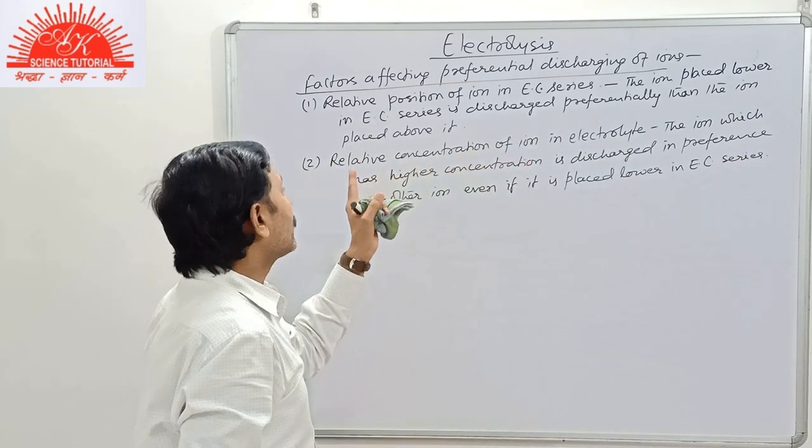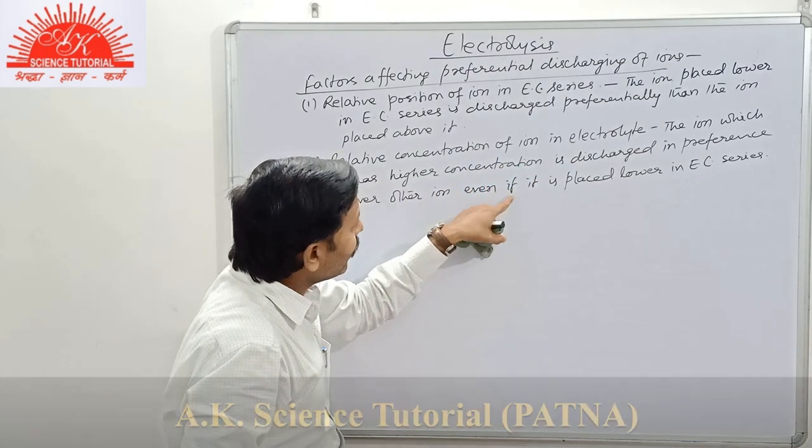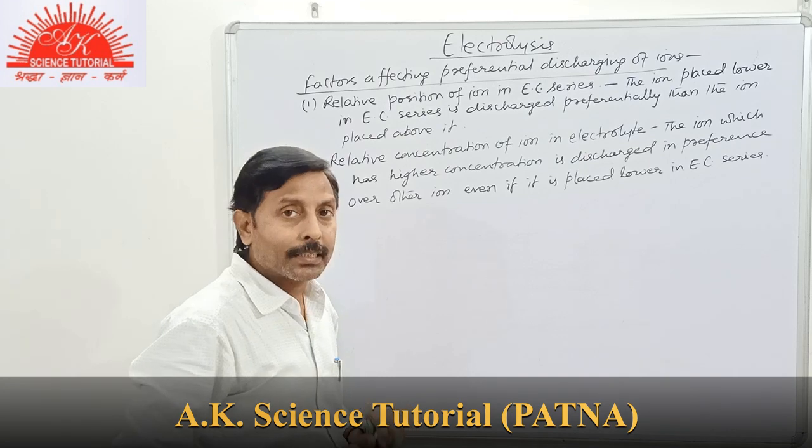The ion which has higher concentration is discharged in preference over other ion, even if it is placed lower in electrochemical series.